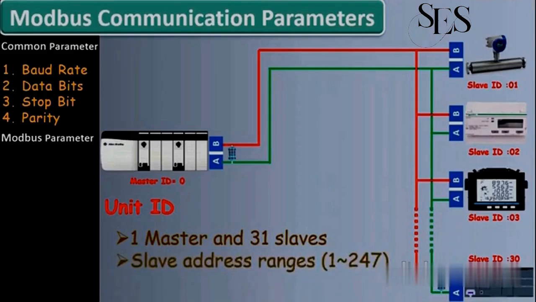So the slave address range is from 1 to 247. A Modbus communication is always initiated by the master. The slave node never transmits data without receiving a request from the master node. The slave nodes never communicate with each other.